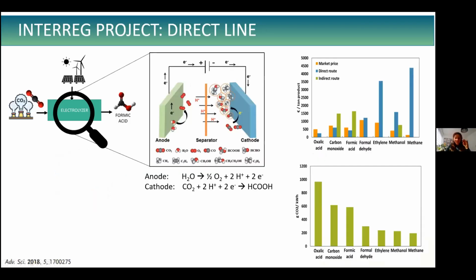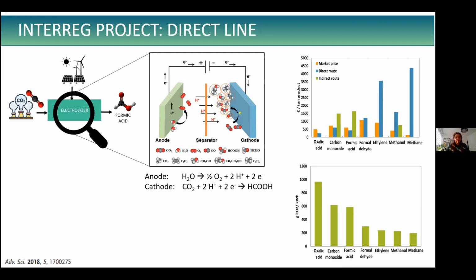If we zoom in a bit on what I have portrayed here as a black box, the electrolyzer, we can see the complexity of this. From left to right, in the anode, first a molecule of water is split into oxygen and protons. Then those protons cross the membrane that separates the anode from the cathode.